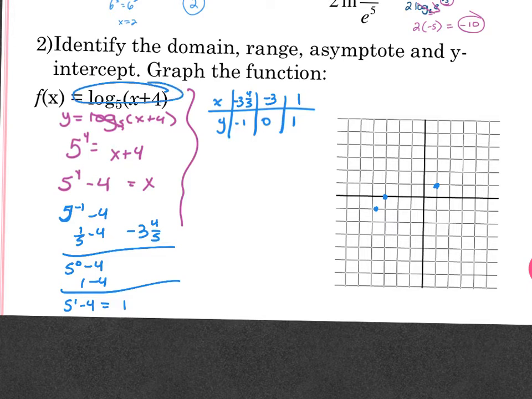From my initial equation, I should also be able to identify my asymptote, right? If there's x plus 4 inside the parentheses there, what's my vertical asymptote? X equals negative 4. So then I know my graph does this.